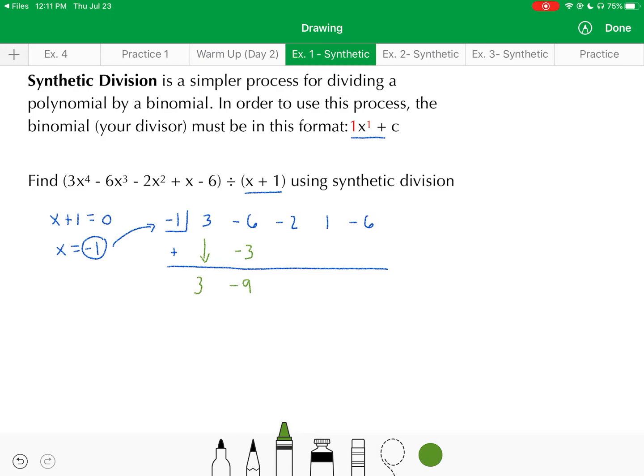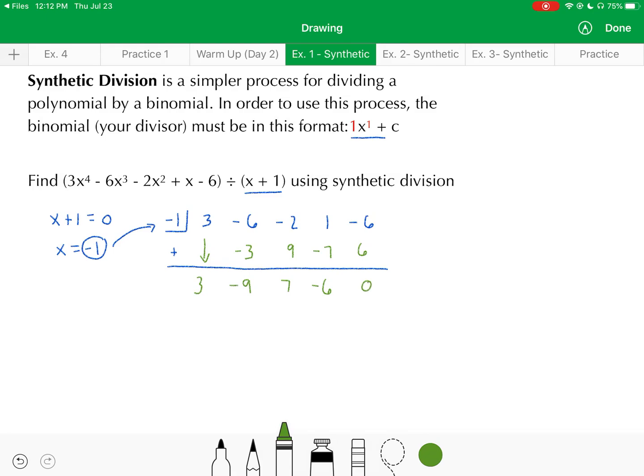Take -9, multiply it by the number in the box of -1, result goes here. 9 plus -2 is 7. Then I take 7, I multiply it by -1 from the box, I get -7. 1 plus -7 is -6. -6 times the -1 in the box is +6. -6 plus 6 gives me 0.